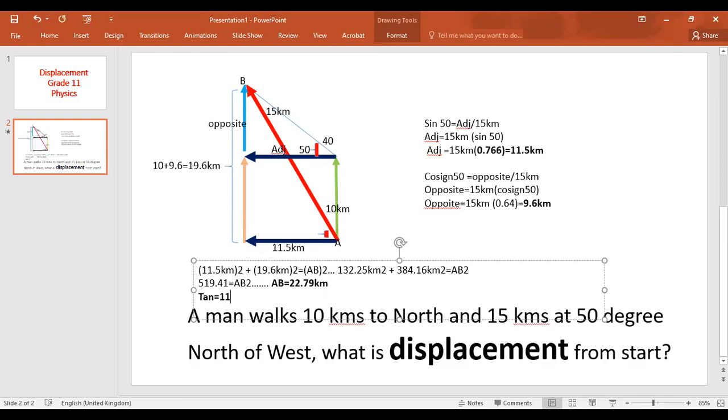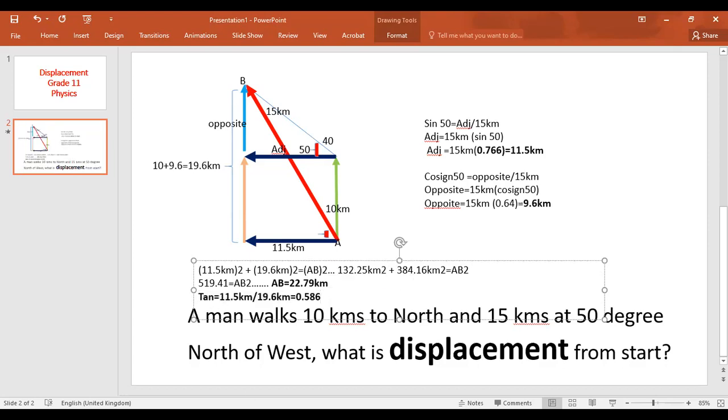So adjacent is 11.5 kilometer divided by 19.6 kilometer, and the kilometer will be cancelled by kilometer, and we have the number 11.5 divided by 19.6, right? 11.5 divided by 19.6 equals 0.586. 0.586 is the tangent of this angle.